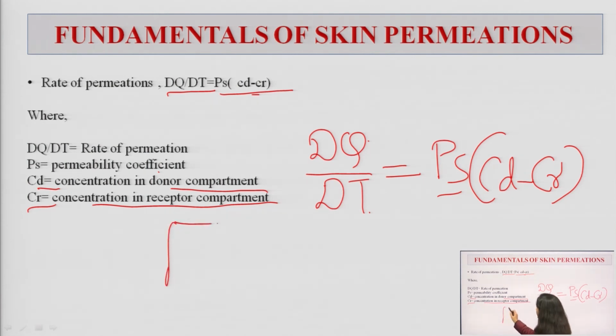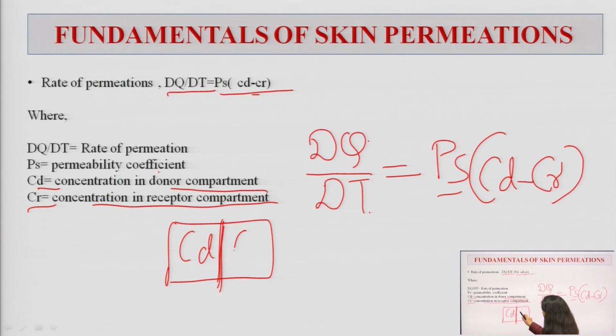So, let us take an example. If there is a compartment here and there is a semi-permeable membrane, this membrane can be of anything. It can be nitrocellulose, it can be animal skin, and previously animal intestine was used. Nowadays there are cellophane membranes and nitrocellulose membranes. Let us consider that this is a donor compartment and this is a receptor compartment. From the donor compartment our medicament is going to enter into the receptor compartment.